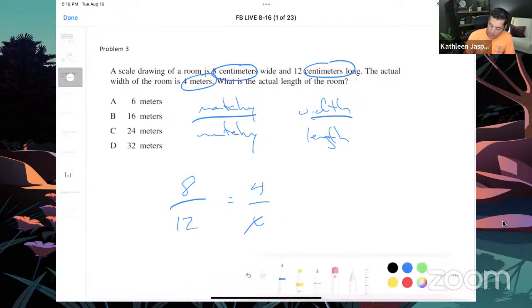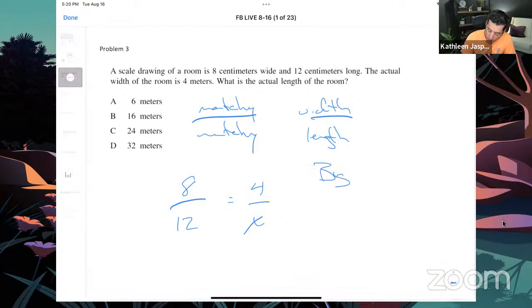And when I go from big unit to small unit, in this case, I'm going from meters to centimeters, then I will multiply. So from big to small, you always multiply.